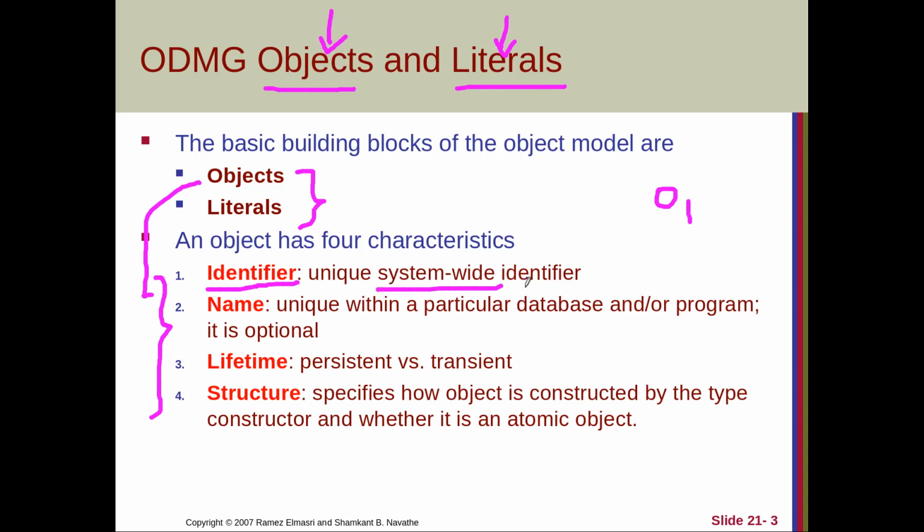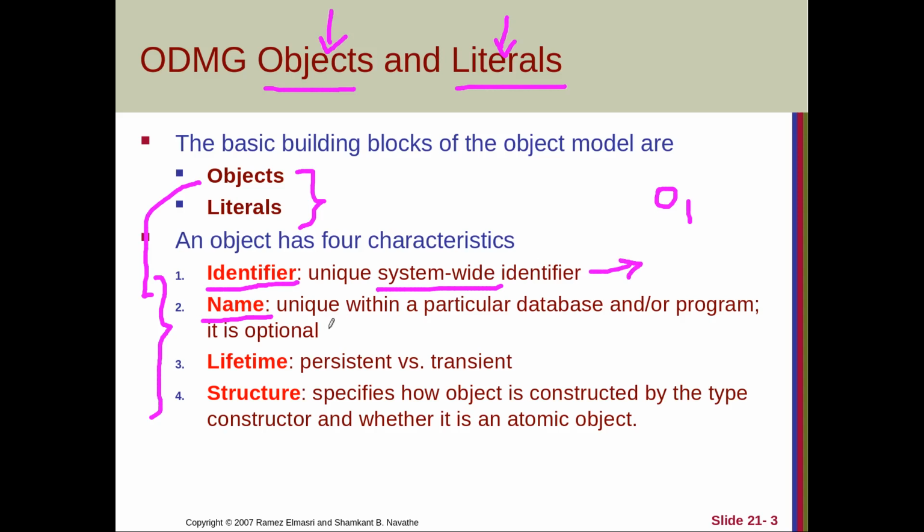This identifier is assigned by the system automatically, and every object has its own unique name. No 2 objects can have the same name. This is one of the major characteristics of an object in an object-oriented database system, and the identifier is a very important requirement for an object.